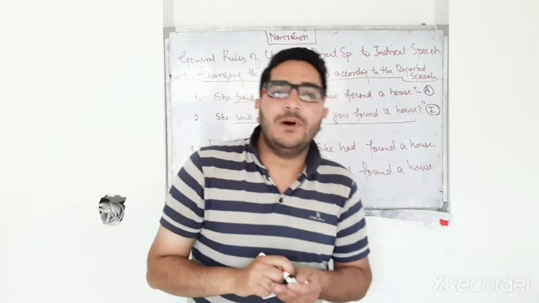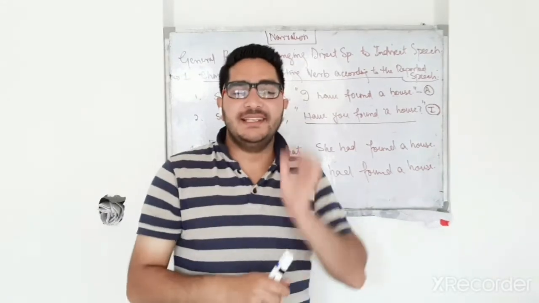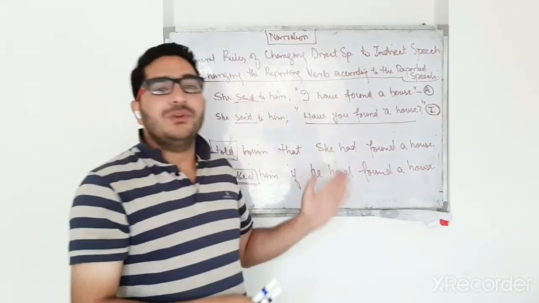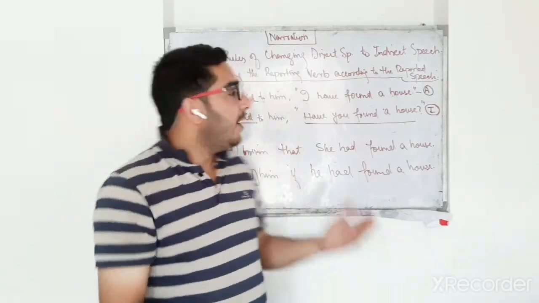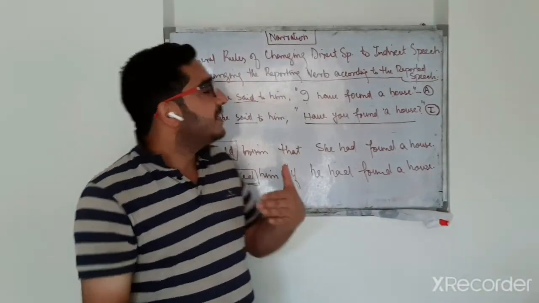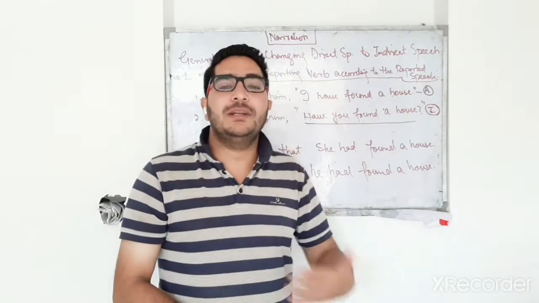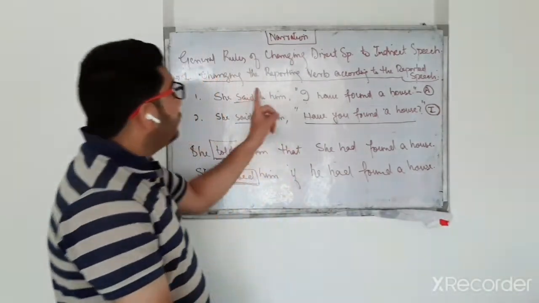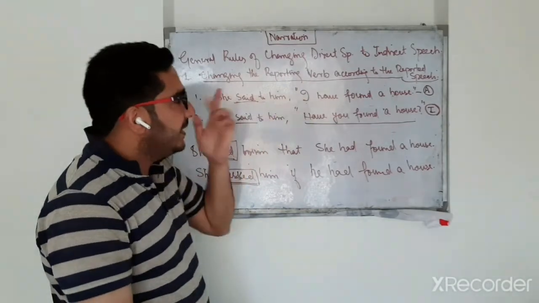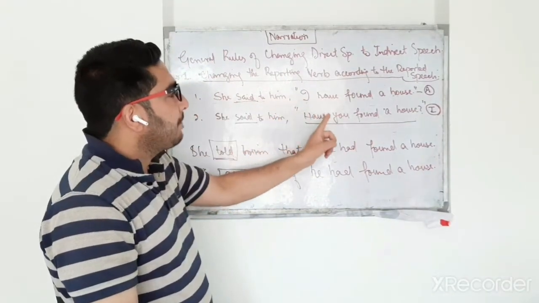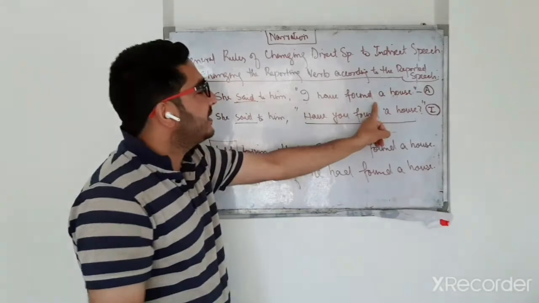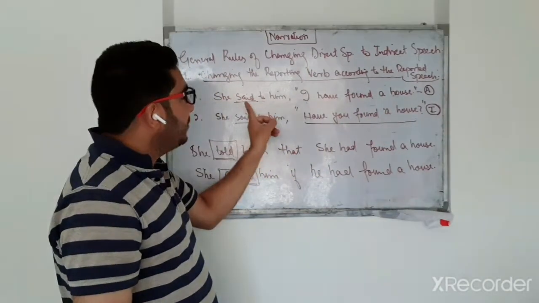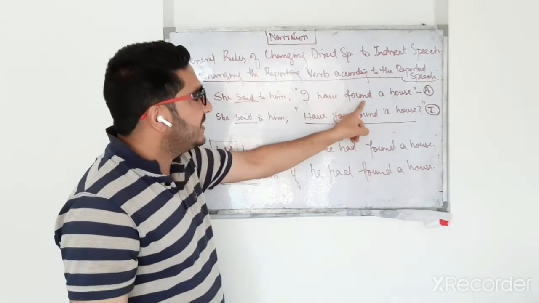So rule number 1 talks about how the reporting verb changes according to the reported speech, according to the mood of the reported speech. The reported speech is very necessary as far as the reporting verb is concerned, because the reporting verb depends on this sentence.